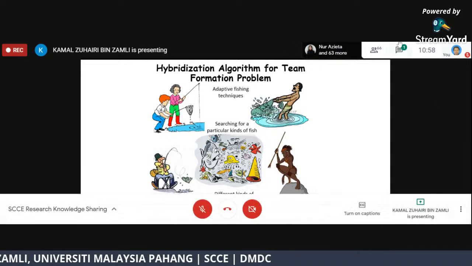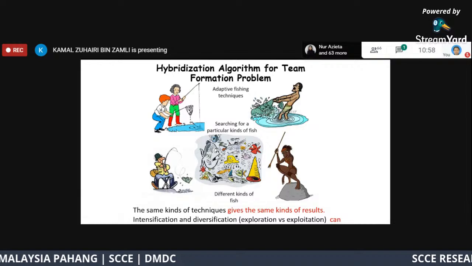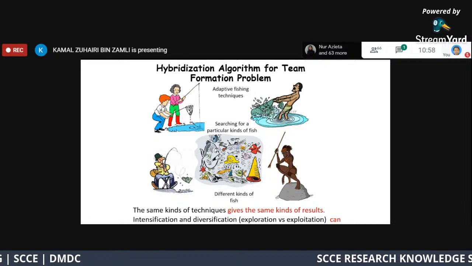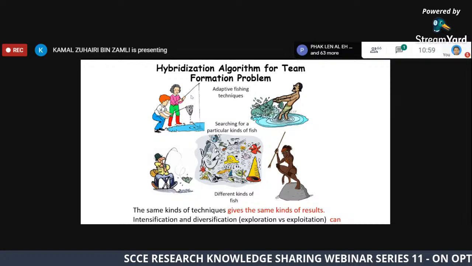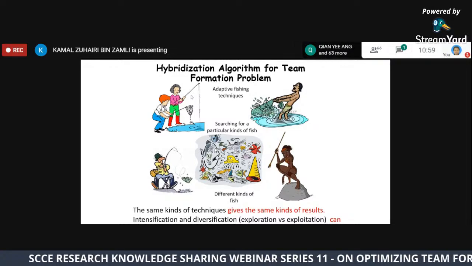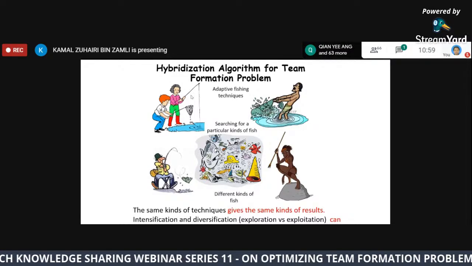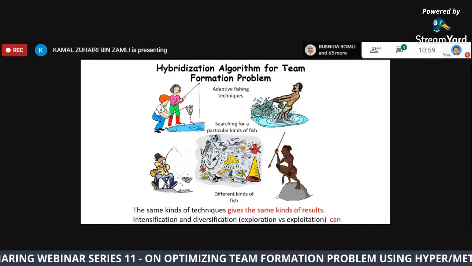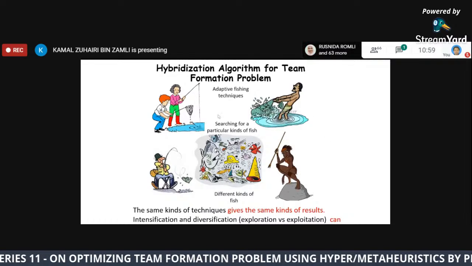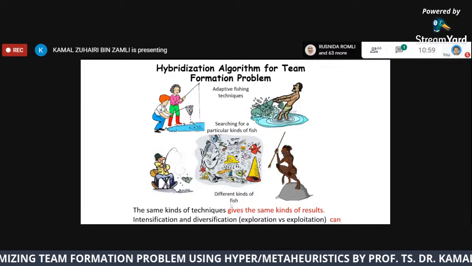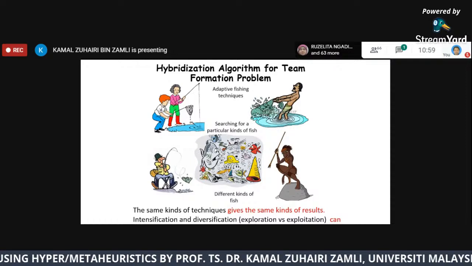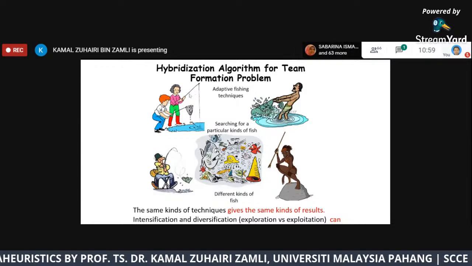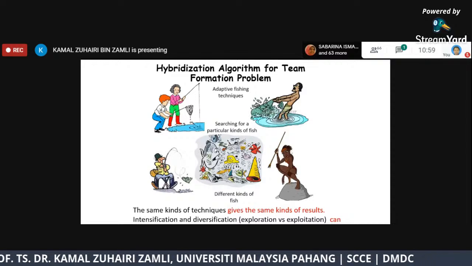Maybe GA is a bit more biased toward local search, for example mutation. If you mutate only one value, this is like local search. So different algorithms have different ways of searching, like catching a particular kind of fish. With the same kind of techniques, typically you get the same kind of results. But if I can combine different ways, I can get better results.